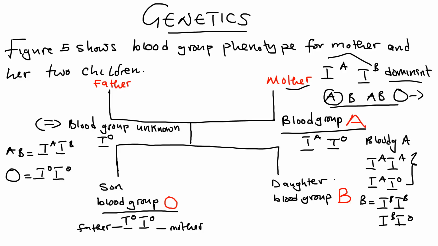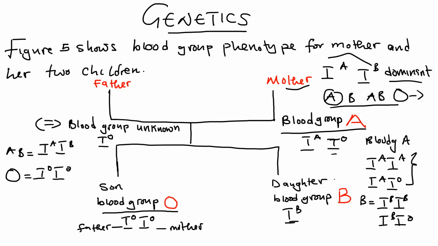Then the father. Look again. We have a son who is blood group O. Then we go to the daughter. The daughter is blood group B. Now what does it mean? The daughter is blood group B, and the mother is blood group A. So the mother can only contribute O, because if she contributed A, the daughter would be AB.